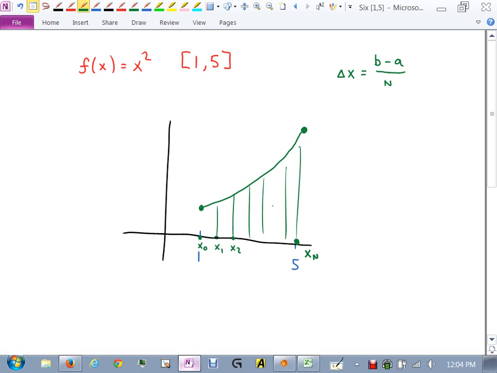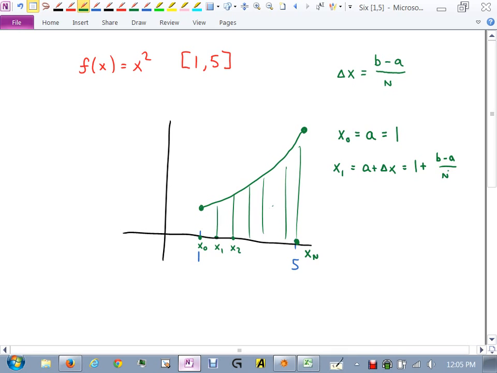All right. Let's come up with the formula for x sub 0, x sub 1, x sub 2. So x sub 0 is, in our case, a, which is 1. X sub 1 is a plus delta x, which should be 1 plus b minus a over n.